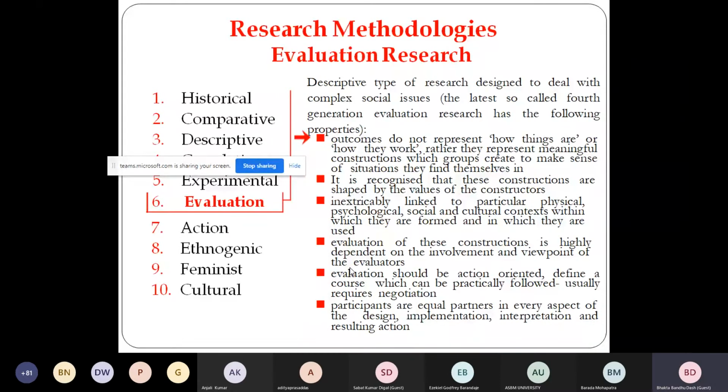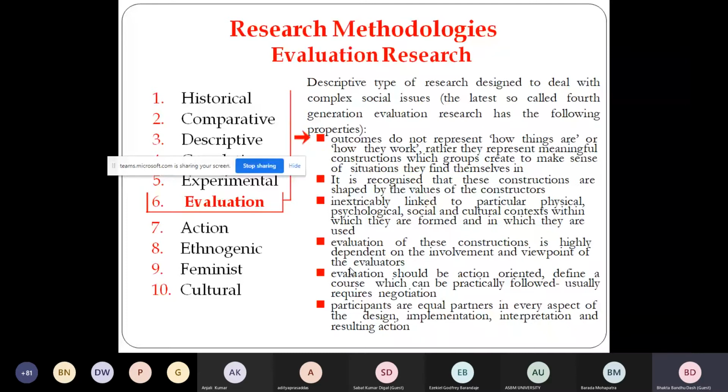It is recognized that the constructions are shaped by the values of the constructor. So ultimately it is unique to you. The methodology and technology you adopt to justify a fact or a situation are unique to yourself as a researcher.